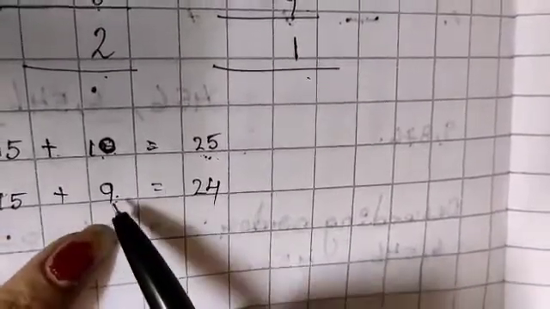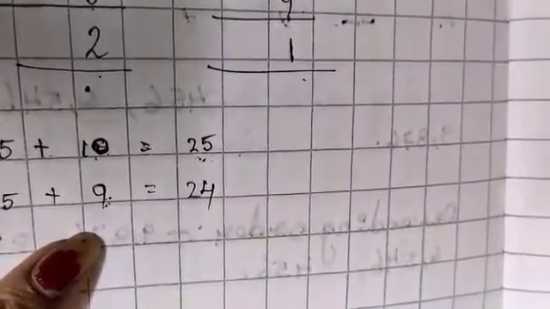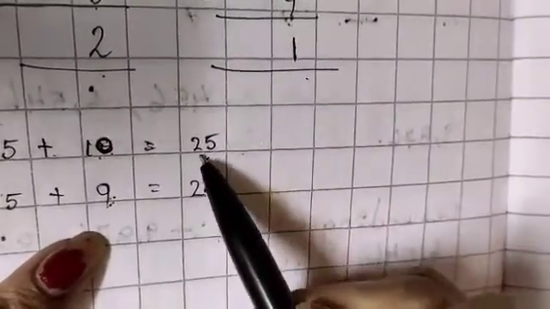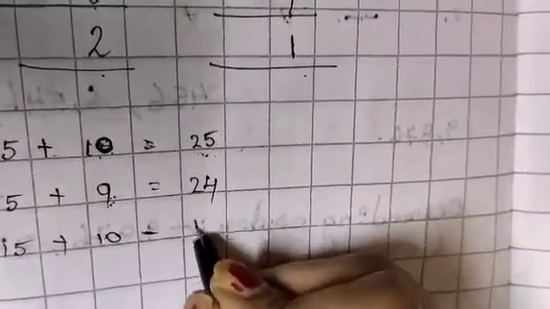Here down what are we doing? 9, sorry, we are doing 9. 15 plus 9. Right? If you see here, 10 minus 9, the answer will be 1. So here what we are doing is 25 minus 1. It's nothing but 15 plus 10 minus 1.